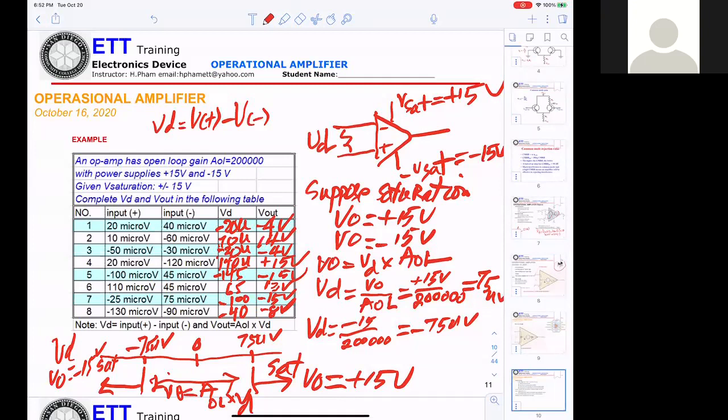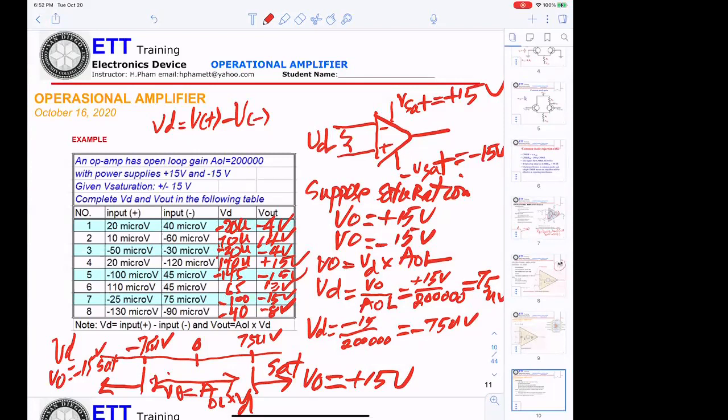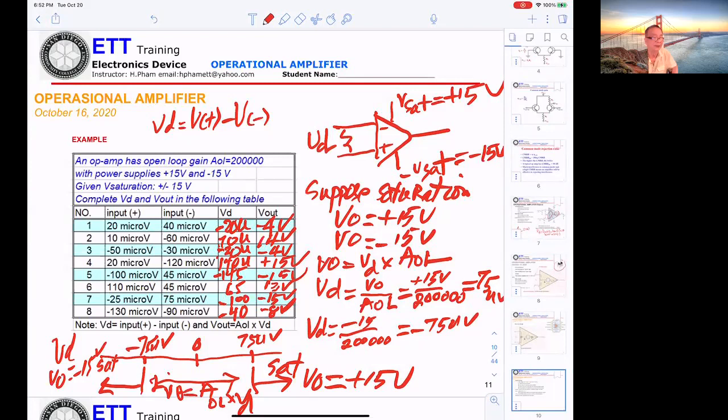Can you draw a circuit with the power supplies connected and any optional components so that it can be simulated to verify all the examples? For this example, you have to draw the two inputs, and you set one to be 20 microvolt and another one 40 microvolt.